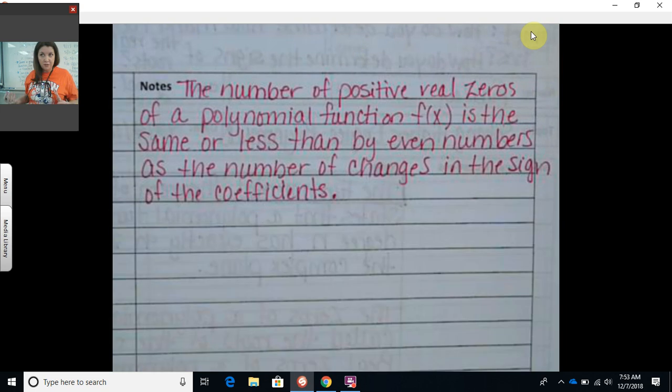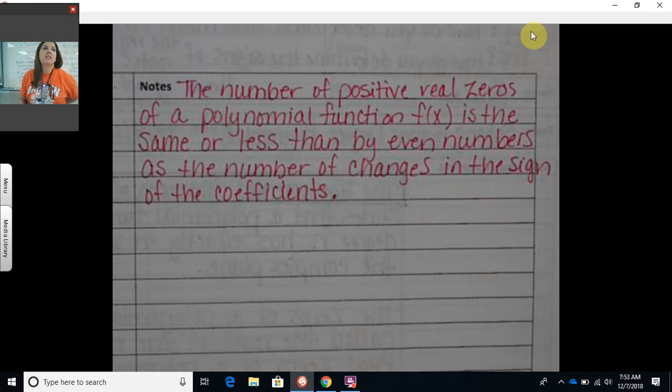And we're going to do several examples of this, so if you have no idea what that definition means, when we go over it with an actual problem, it'll make more sense. But when I give you a polynomial and you look at each term in the polynomial, anytime it changes sign, so like the first term's positive, the next term's negative, that counts as a sign change.